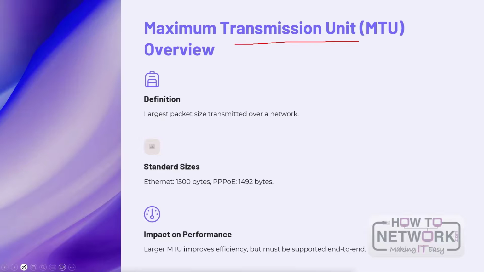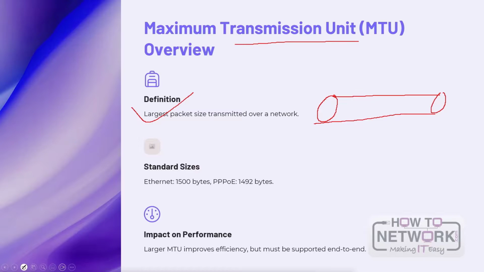Another topic is MTU, maximum transmission unit. So MTU is the largest packet or frame size that can be transmitted over the network. It's typically measured in bytes and varies depending on the network type and configuration. So what happens is, let's say you have a pipe, right?